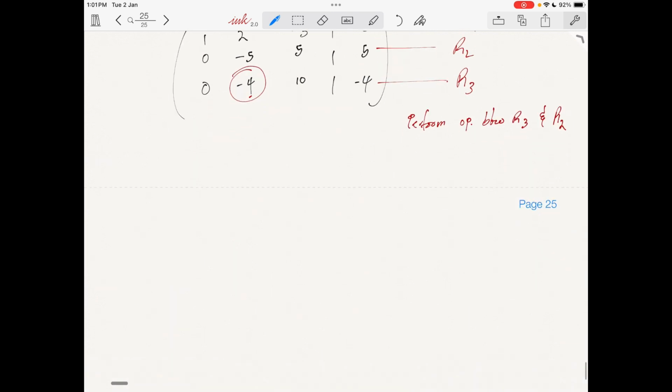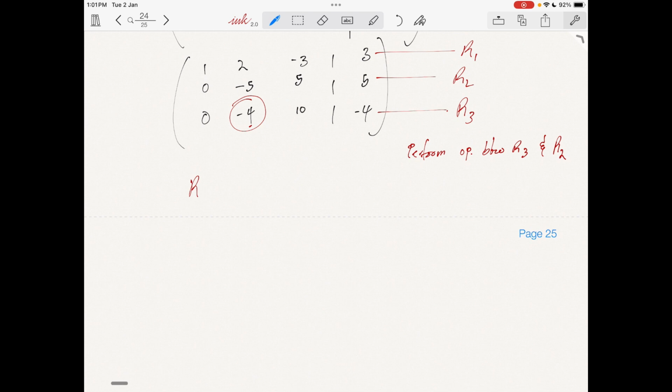What will our row 3 double prime be? Remember, this is minus 4. We want to change minus 4 to 0, and we want to deal with it using minus 5. So we can subtract 4 over 5 times the second row from the third row. This is just simple algebra.